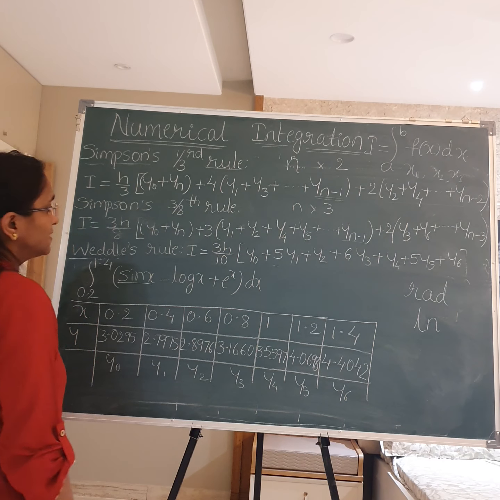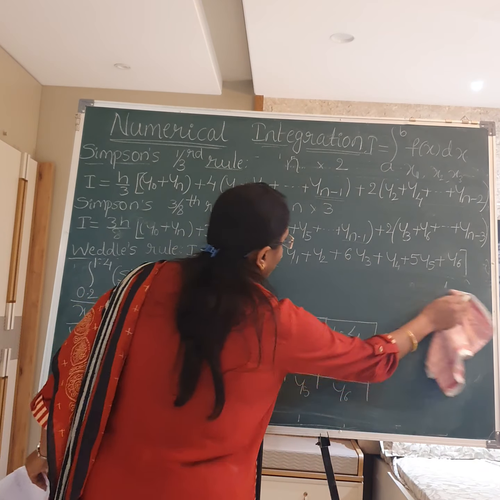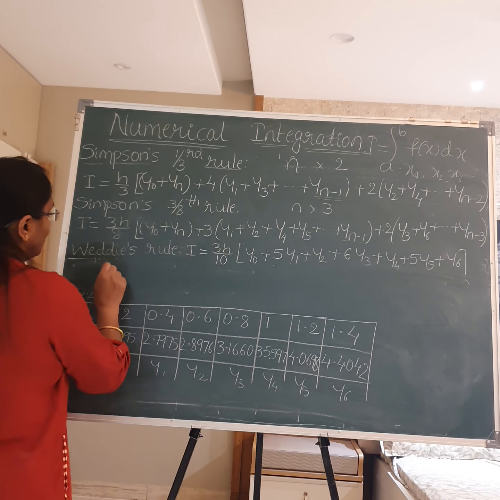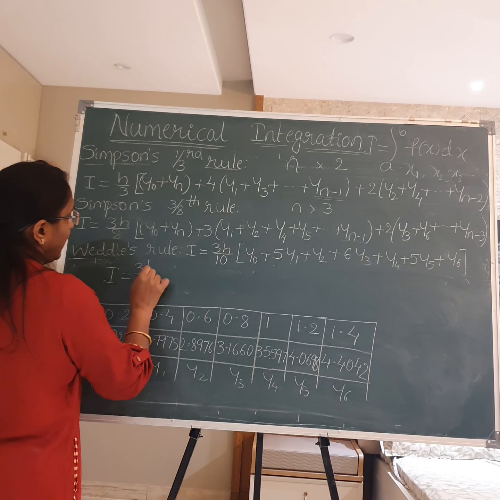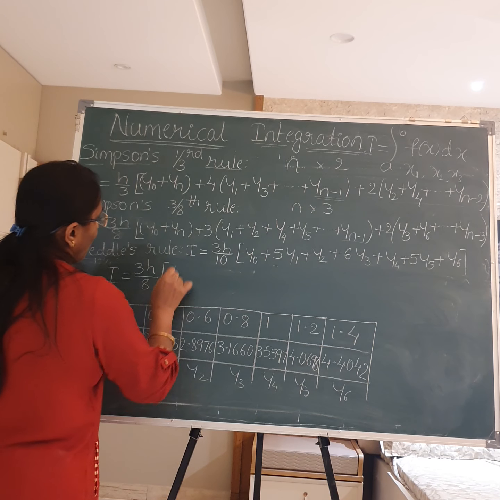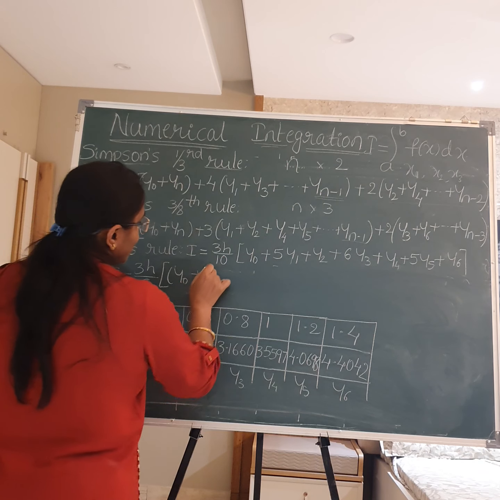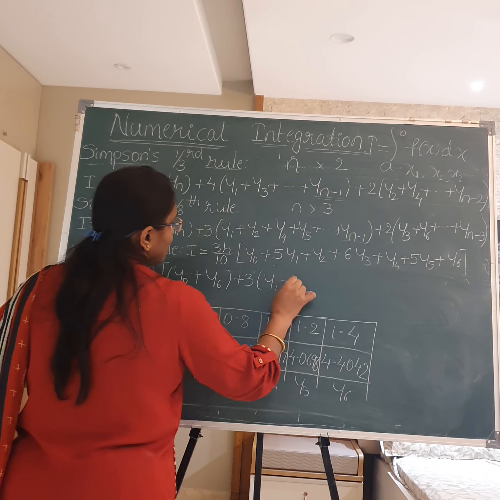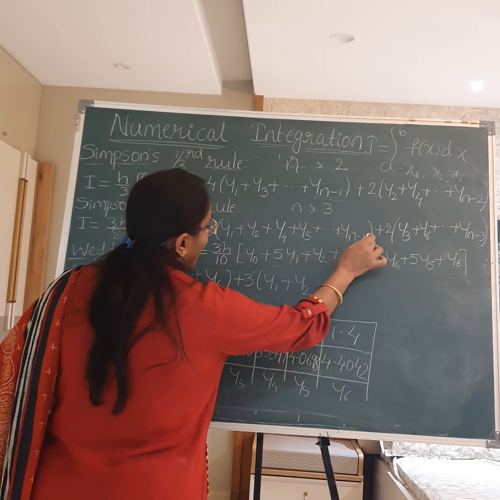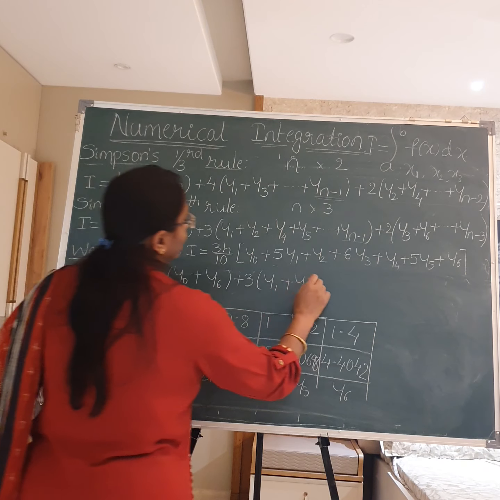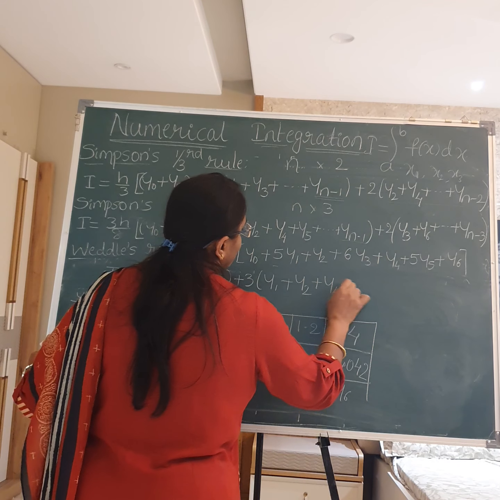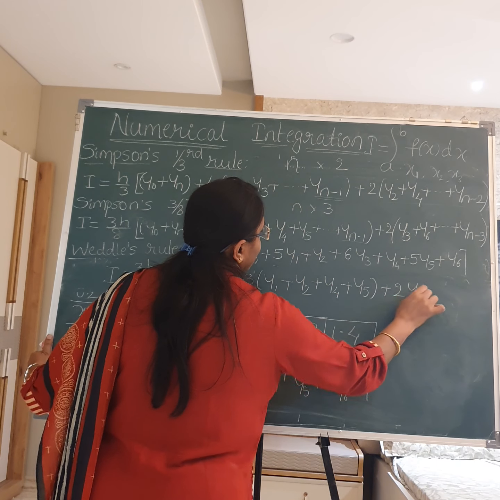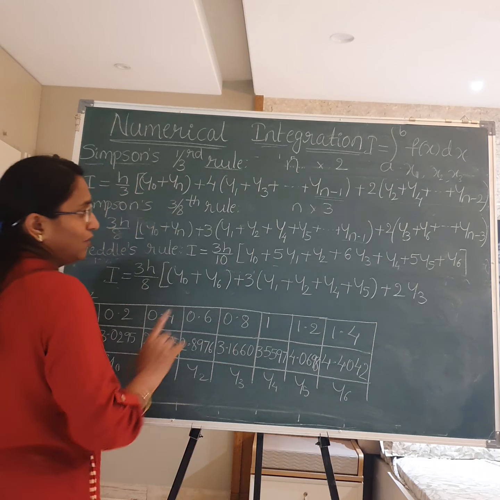So here Simpson's 3/8 rule. We'll write the formula. I is equal to 3h by 8, y0 plus yn, that is y6, plus 3 times y1 plus y2 up to yn minus 1, that means up to y5, plus y4 plus y5, plus 2 y3. yn minus 3 is 3 only, y3.